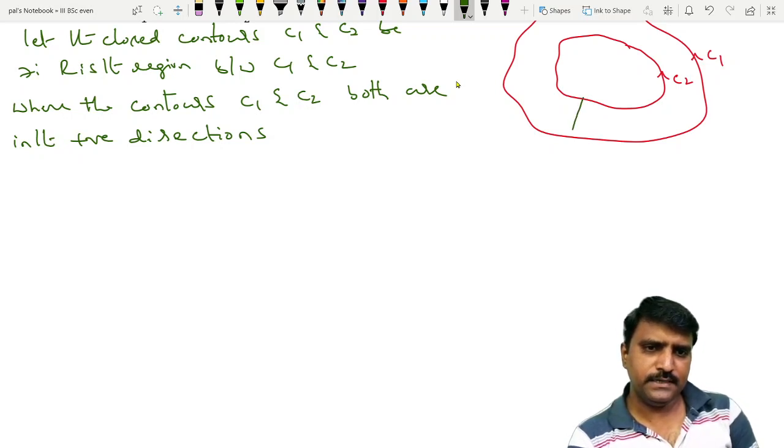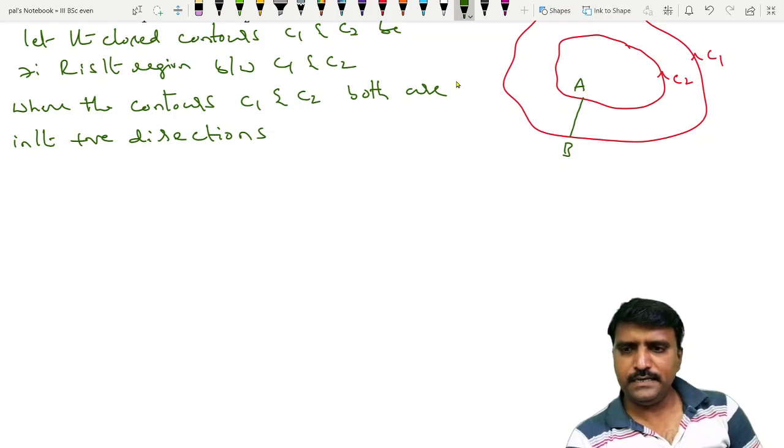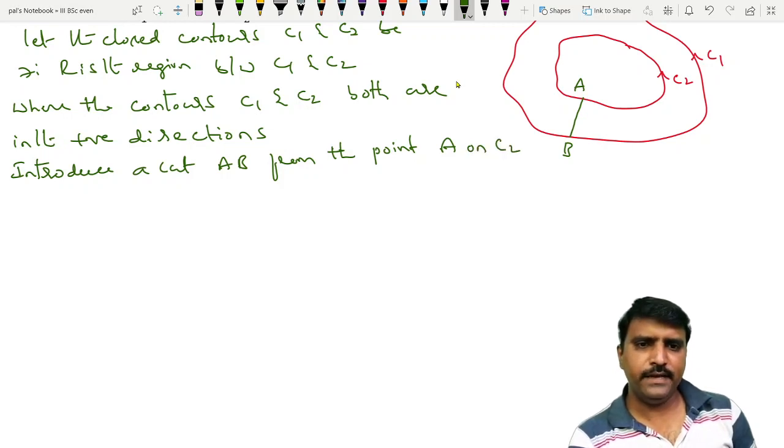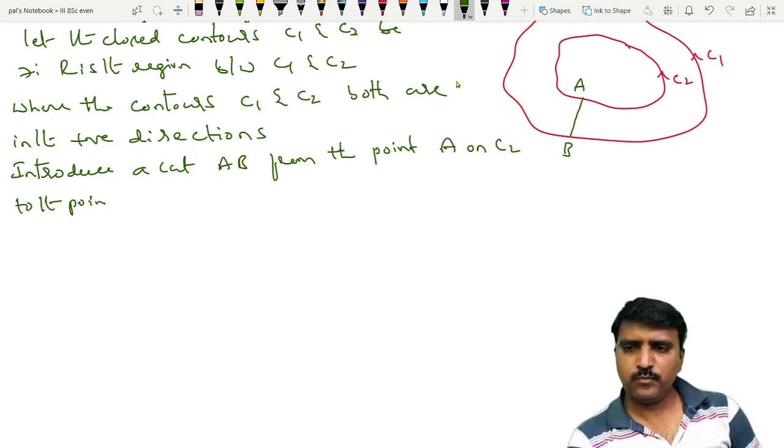I just take a straight line here, and you mark these points as A and B. Introduce a cut AB from the point A, where A is on C2, to the point B on C1.